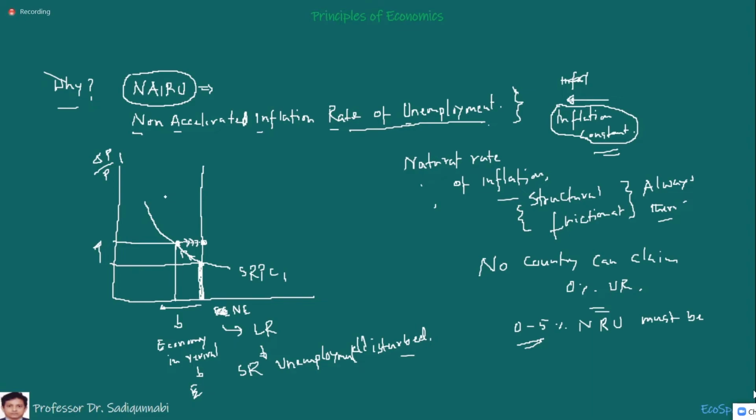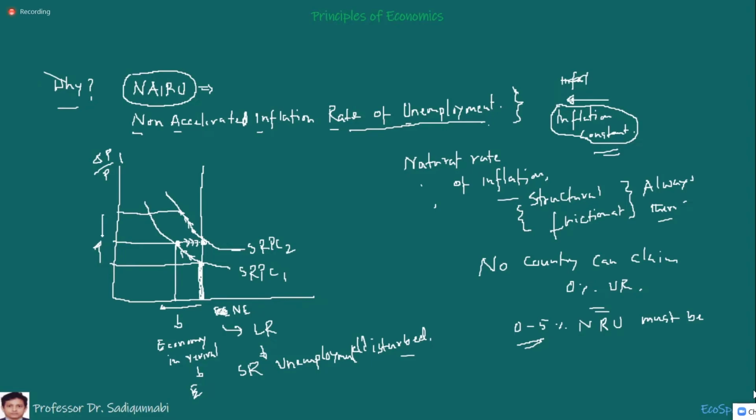Now again, suppose the government tries to increase employment. So SRPC2. So again, employment creation is the policy goal. So suppose it is there. The economy is moving in this direction and tolerates again some inflation.